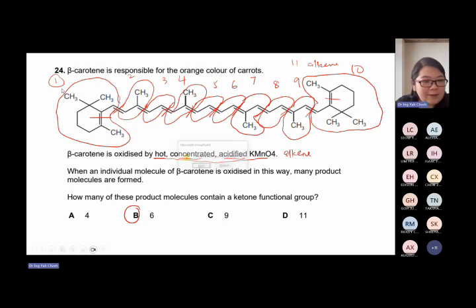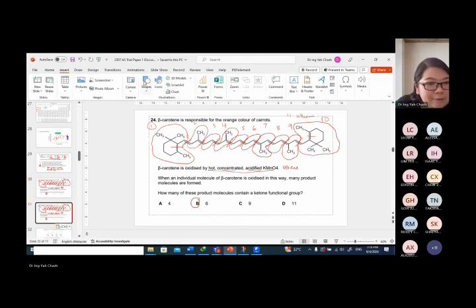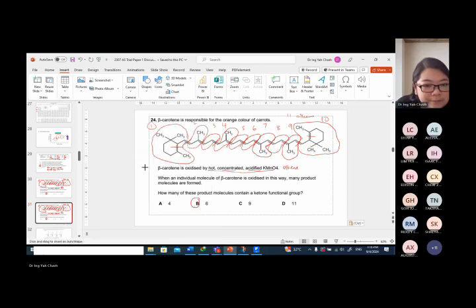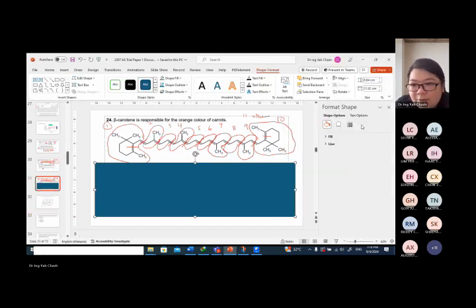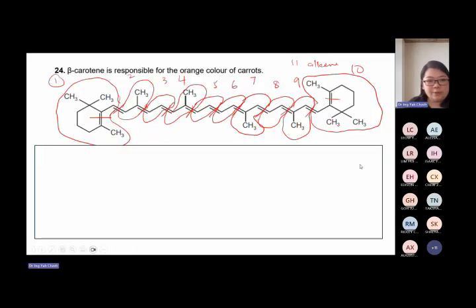Hold on, let me see if I can copy this to another slide. I need to cover this whole part to give myself more space to draw. Right, number one. Let me change the ink also.